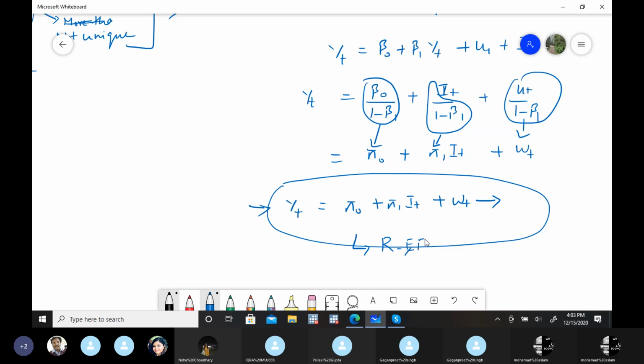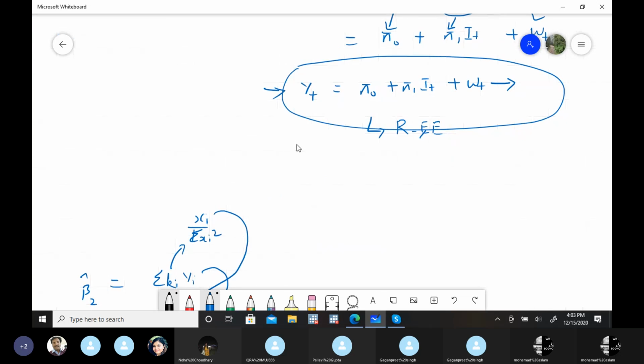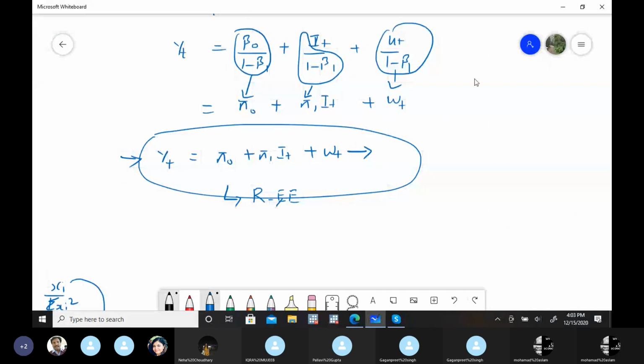A reduced form equation generally means that it expresses an endogenous variable solely in terms of predetermined variables and the stochastic disturbances. This is the reduced form. You can also change this into the form of consumption. That's another scenario in this particular case.